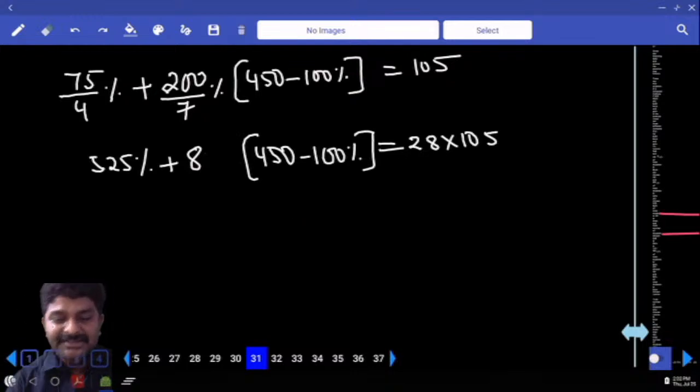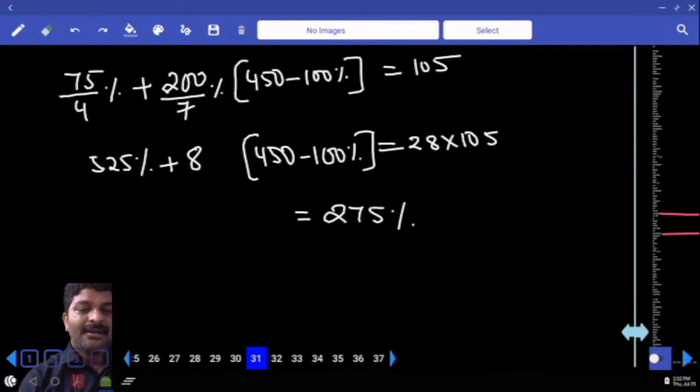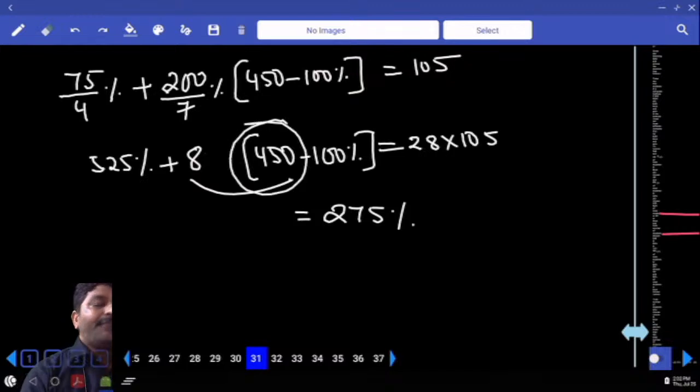Take that to the right hand side. That is 275%. 8 into 450: take 450 as 500 minus 50. 8 times 500 is 4,000, 8 times 50 is 400.